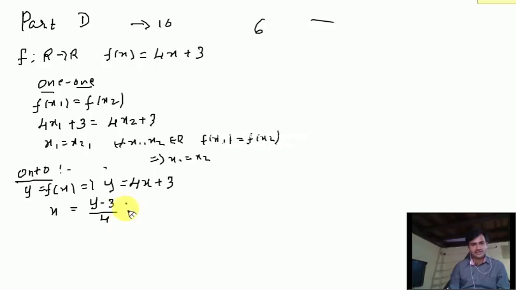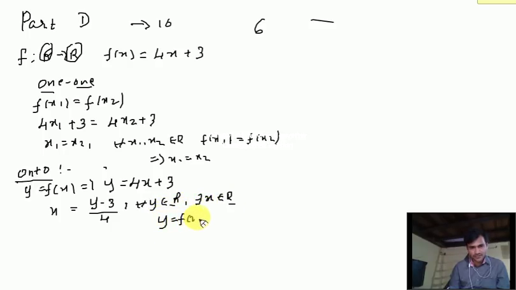Now we need to write the conclusion: for all y belongs to R, there exists x belongs to R. This is R and R because this function is defined from R to R. It is given by: for all y belongs to R, there exists x belongs to R such that y equals f of x. Hence this function is onto.